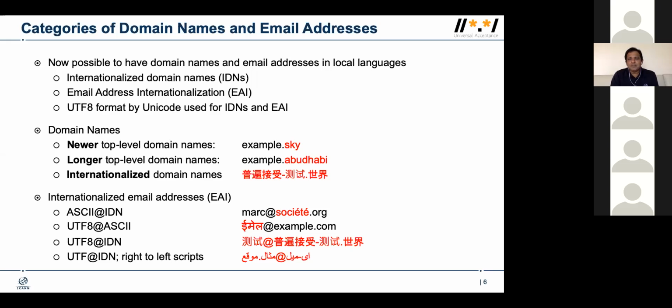So this is where we have to look into some other encoding schemes. There have been some proprietary encoding schemes in the past, but UTF, which stands for Unicode Transformation Format, specifically UTF-8, is considered the standard for IDNs and EAI. Even in Unicode, there have been other encoding schemes like UTF-16 or UTF-32 and so on.